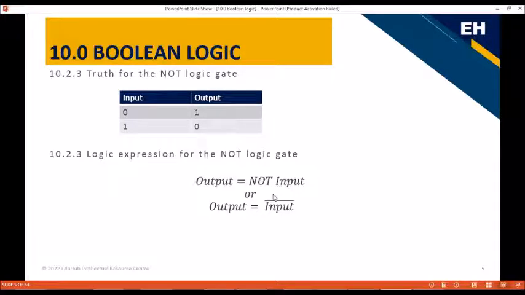So any one of these expressions is valid in representing the NOT logic gate.